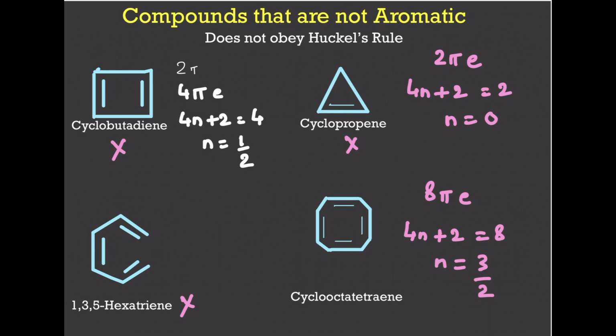It is not aromatic because it doesn't satisfy the 4n plus 2 rule. Although it is conjugated, cyclic, and also a planar molecule, cyclooctatetraene is not aromatic because it doesn't have 4n plus 2 delocalized pi electrons in its system.